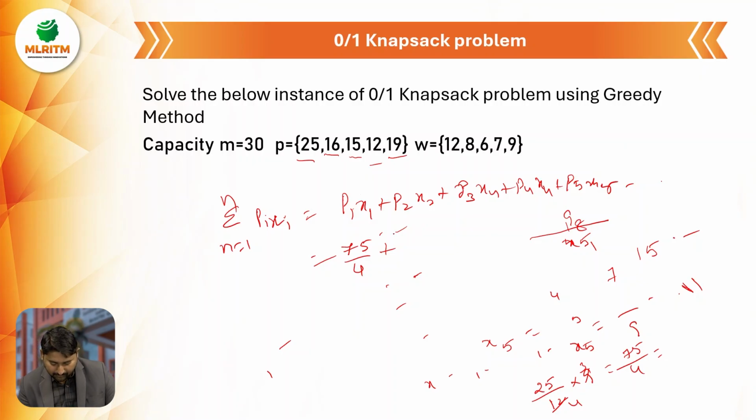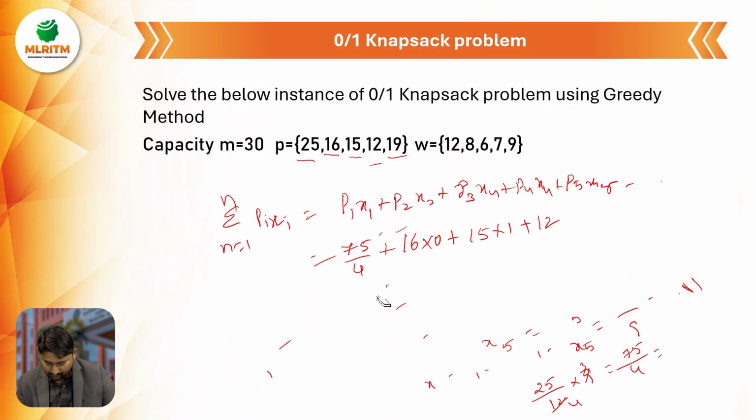Next, is p2 filled? No. So not filled, like 16 into 0, plus next x3 already filled. So 15 into 1, plus 12 not filled, so 12 into 0, plus 19 into 1.